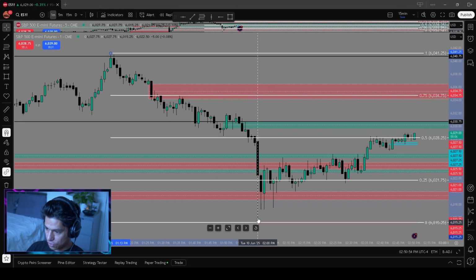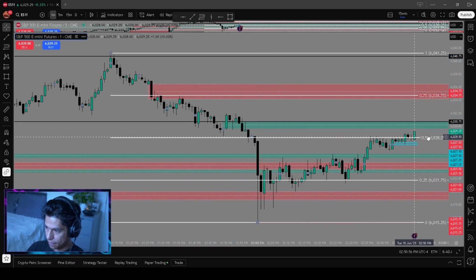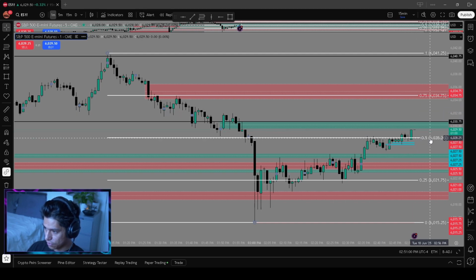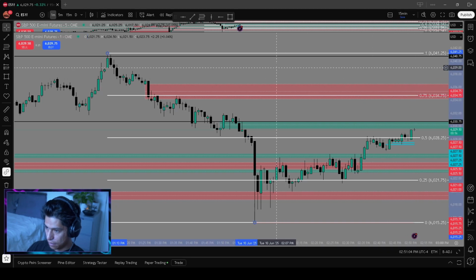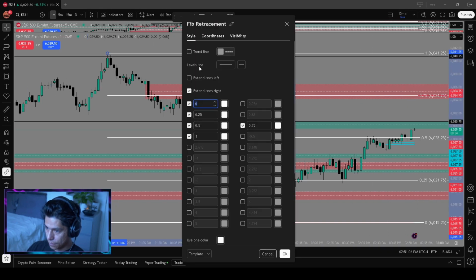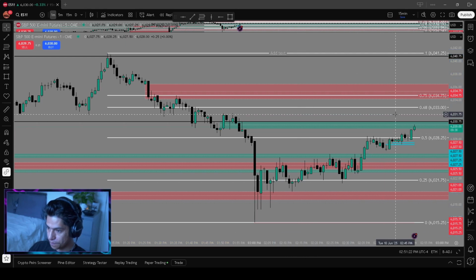And based on my rules, I don't want to be buying in a premium level. Premium level is anything above 50%. It's just more probability that the price is going to want to go lower. And my trading is based off probabilities, so I don't want to be buying long in this situation.